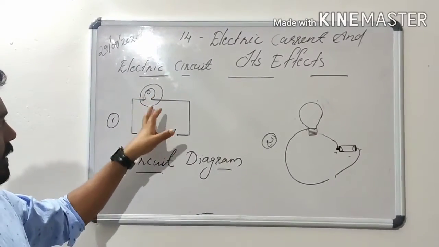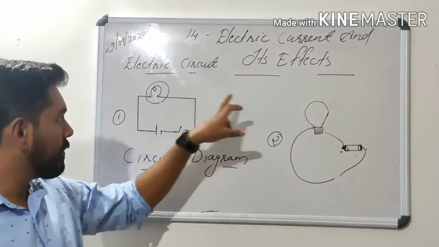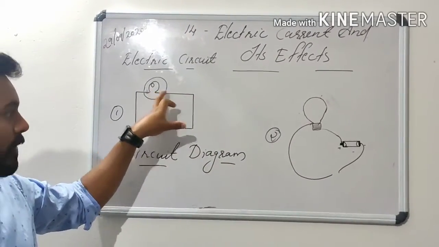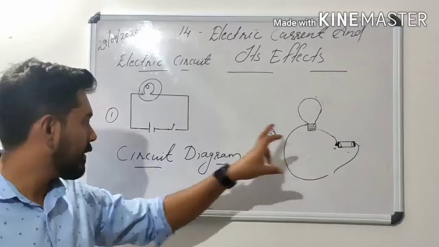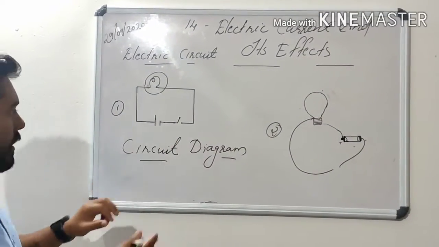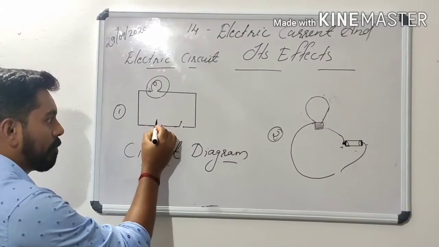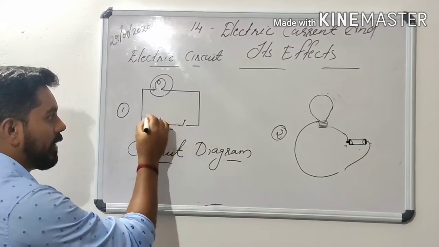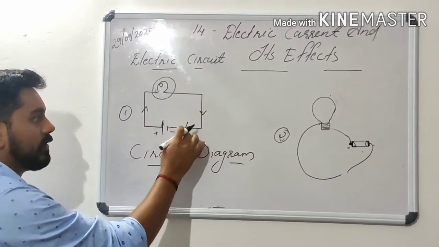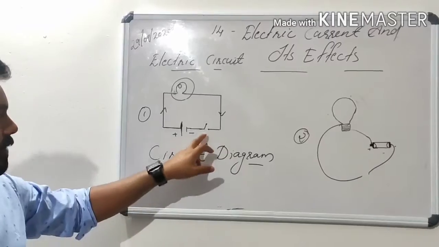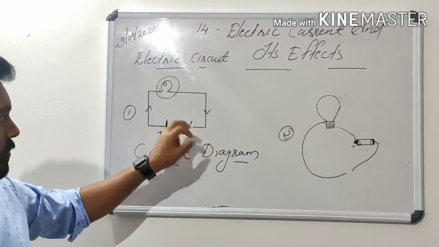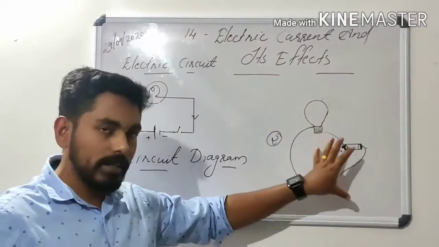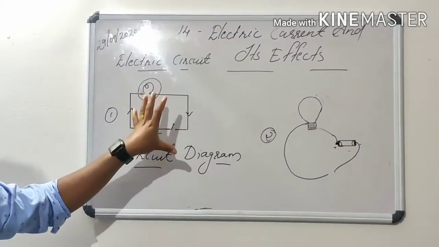Here you can see this is a bulb, and instead of the bulb there is a symbol. Instead of a cell, here you can see this is a cell. The longer end is always positive and this will be negative. And this will be a key or switch. So this is the actual figure and this is a circuit diagram.